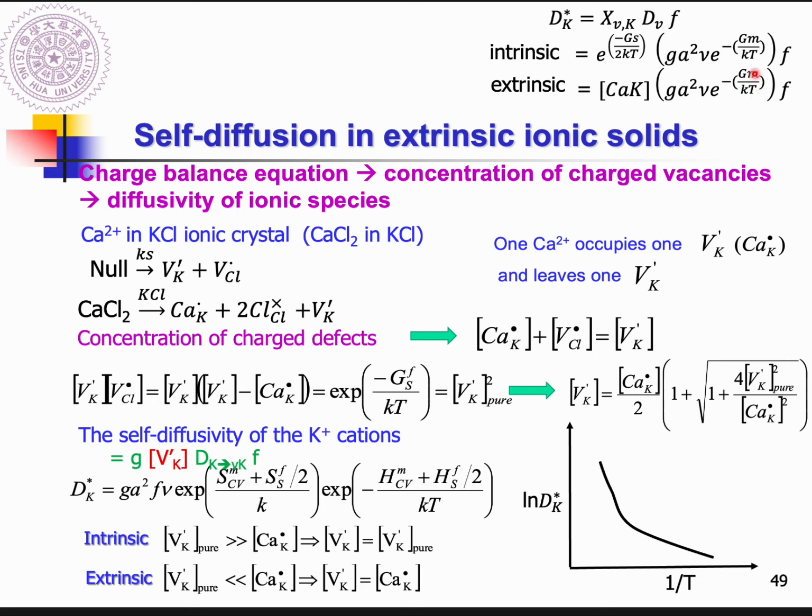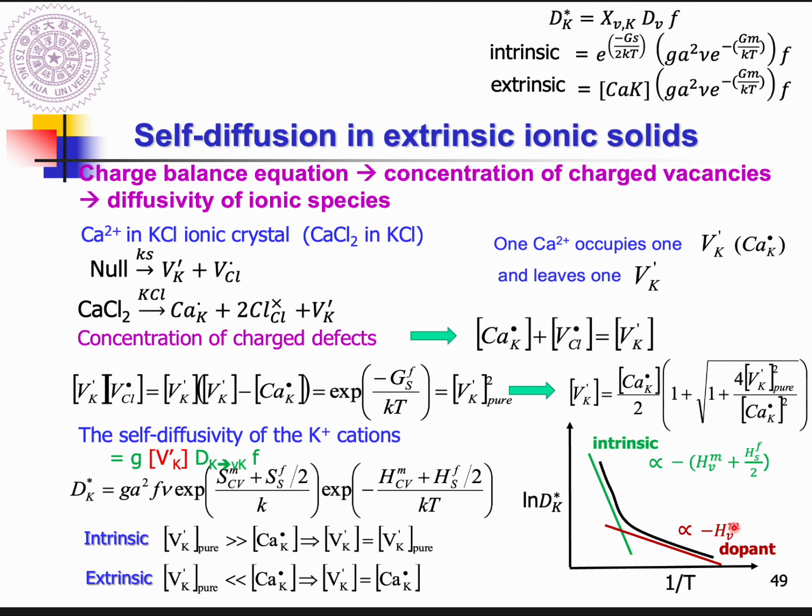So you got two slopes here. The first one is the slope will be this term, right? It will be the enthalpy term, including the migration enthalpy HM and also HS divided by 2. And for the extrinsic one, because this is constant, the only term here will be the vacancy migration enthalpy.